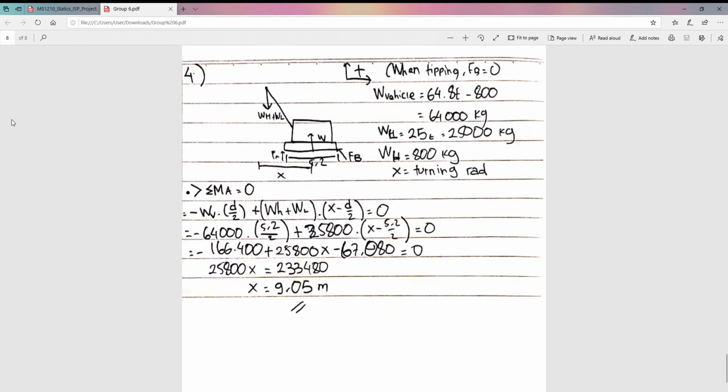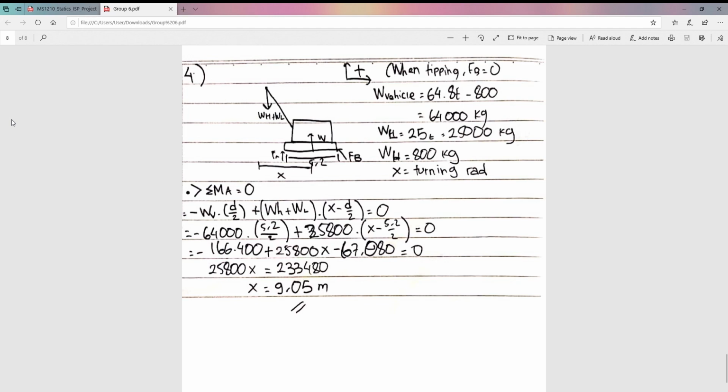So what we are searching for here is X, which I don't know why it isn't there, but it should be located in the middle where W is. W is weight of vehicle. So we examine sigma moment A by examining the weight of the vehicle times the distance divided by 2.